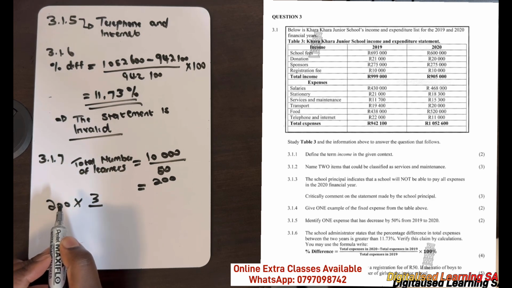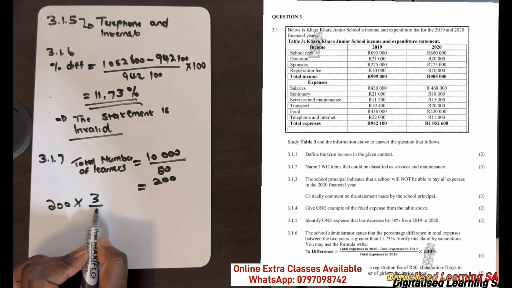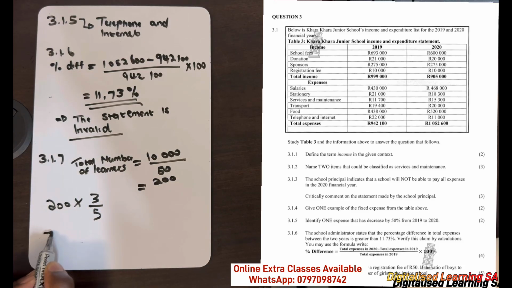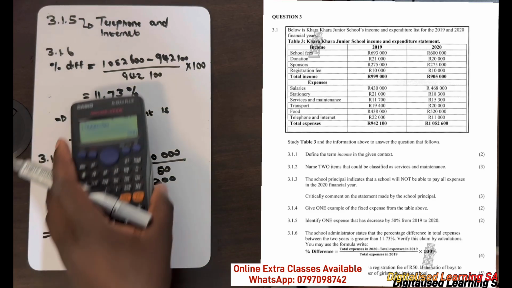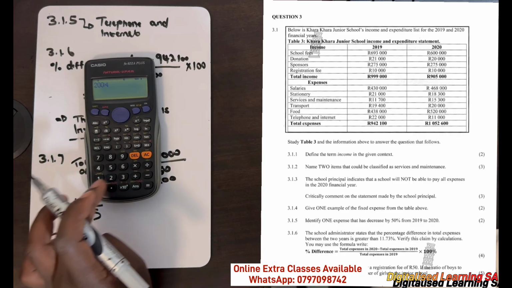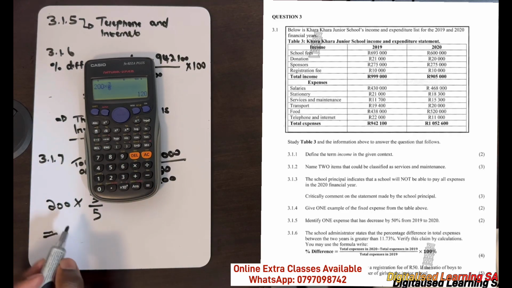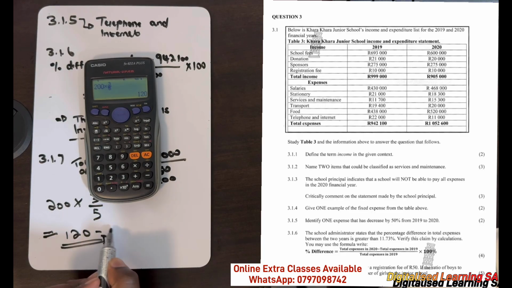Total ratio, we just add 2 and 3, which gives 5. So 200 multiplied by 3 over 5, and we can see that this school has 120 girls.